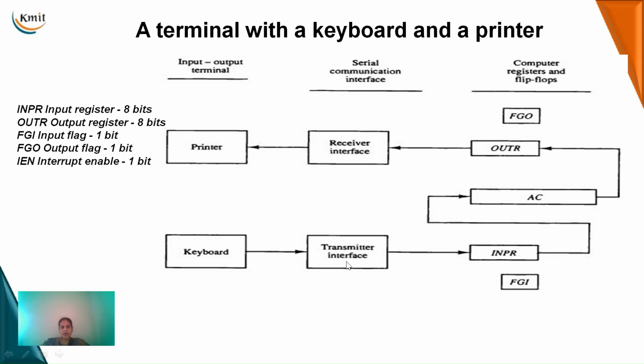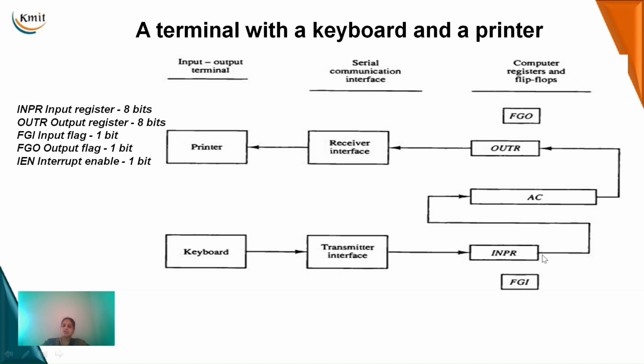Whenever the keyboard sends information through the transmitter interface to the input register, and there is information available in the input register, the FGI flag will be set to 1. Whenever the CPU finds that the FGI flag is set to 1, it means there is information present in the input register that has to be retrieved by the computer.